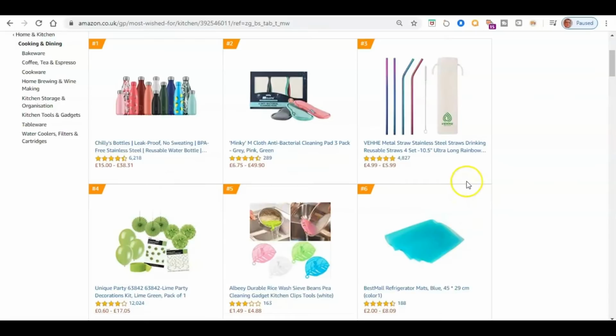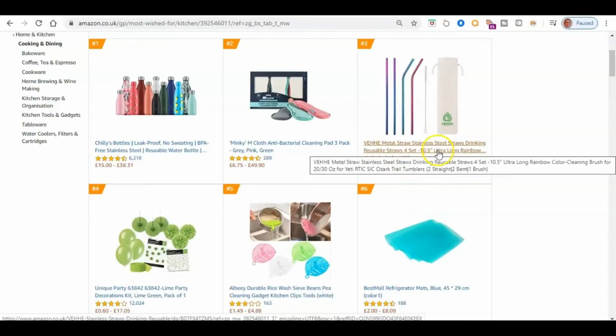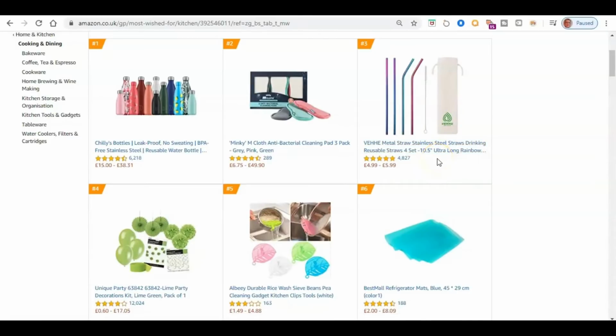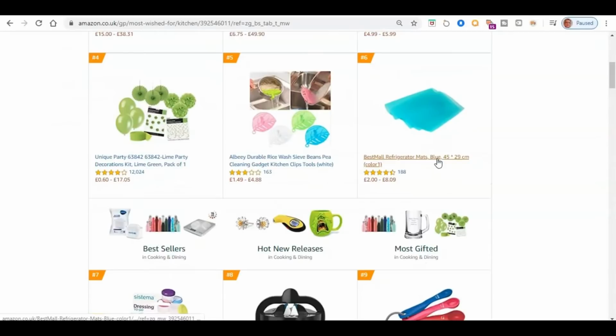Now, here on the other hand, even though there are quite a lot of metal straws around, I do like this. So if you were thinking that you'd like to have maybe a store with reusable items and become involved in that trend for having reusable items, even straws instead of plastic, then this might be quite a nice one to look at.